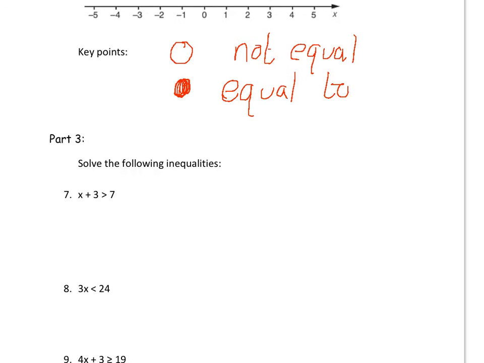So, x add 3 is greater than 7. So, we want to get x on its own. So the opposite to adding 3 is subtracting 3 from both sides. So we're going to be left with x is greater than 7 minus 3, which is 4.